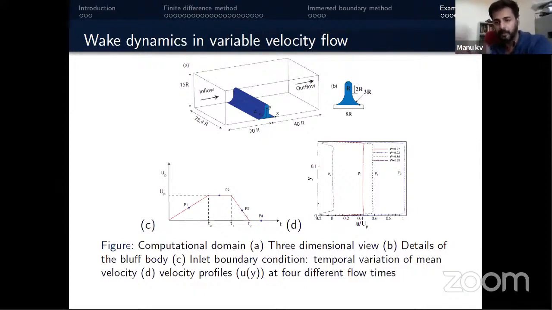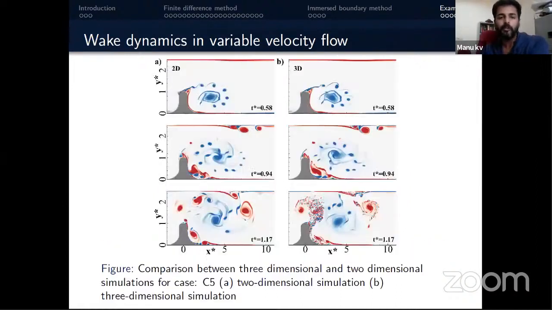It's not that complex, but the meshing part is not that smooth for this kind of geometry. We may have to split into different regions. Unlike such methods, with the immersed boundary method we can use a Cartesian mesh itself. And these are some of the solutions which we have obtained from two-dimensional simulation and three-dimensional simulation as well.